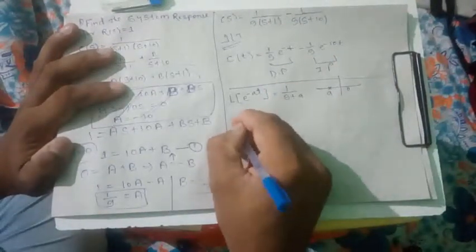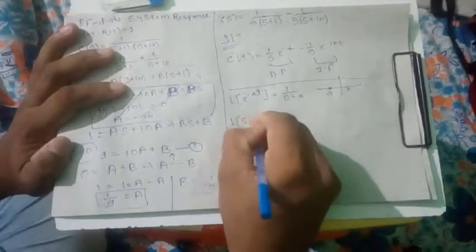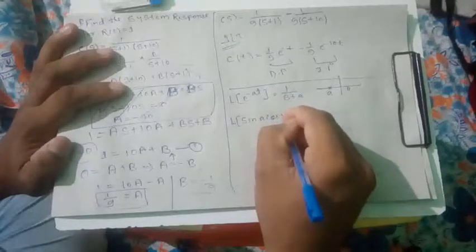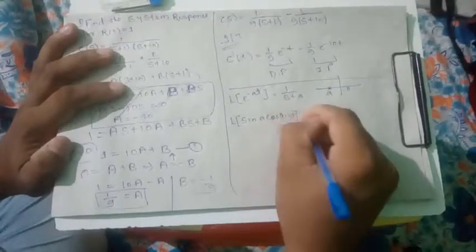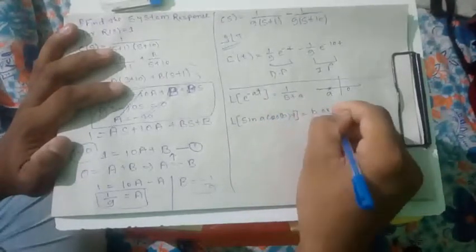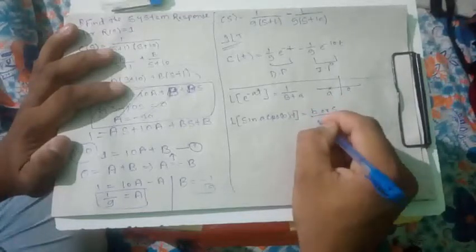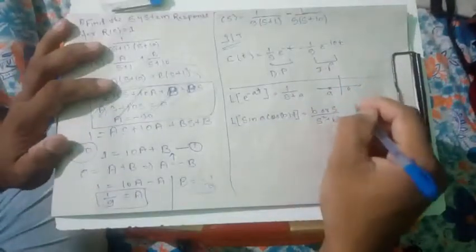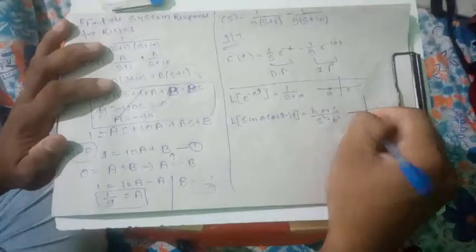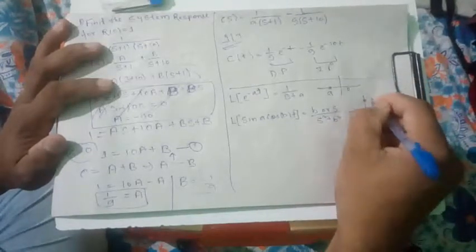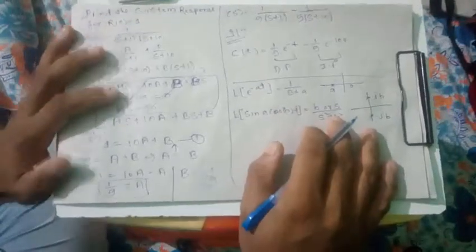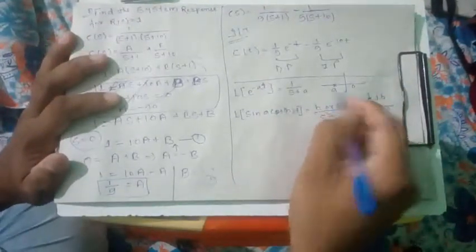For sine bt and cos bt: for cos it is s by (s square plus b square), and for sine it is b by (s square plus b square), for which the poles lie at plus jb and minus jb.